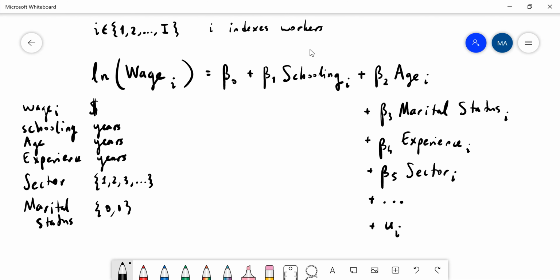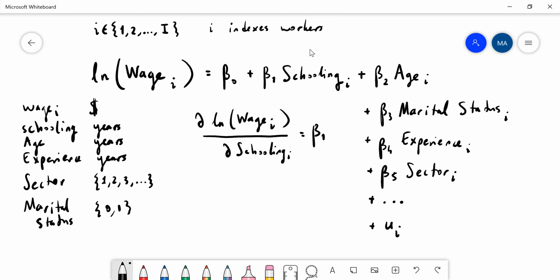There are, however, a couple of problems here, right? First of all, let's look at the main parameter of interest, the return to schooling, right? The derivative of ln wage i with respect to schooling is equal to beta 1.